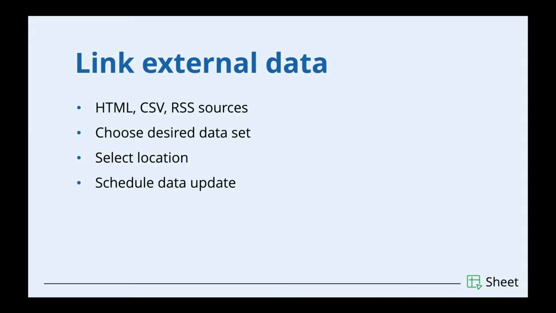And you can also choose the desired location or the cell range in which you would like to insert the live data. And you can also choose to update the data that is linked to your spreadsheet based on a customized schedule as well. So now let's jump into the demonstration and I'll show you how you can use this feature inside Zoho Sheet in order to link live data from external sources.